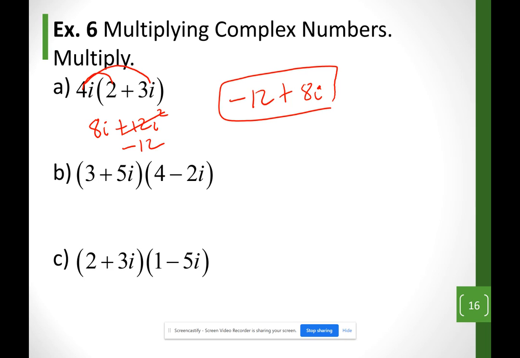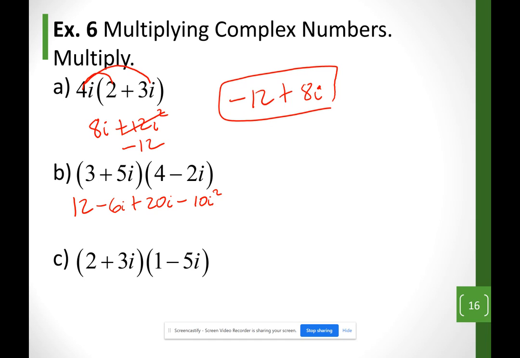Now, let's take a look at example B. Let me distribute the 3 from the first parentheses. So that's going to give me 12 minus 6i. Let me distribute the 5i from the first parentheses to the second parentheses. That's going to give me plus 20i minus 10i squared.